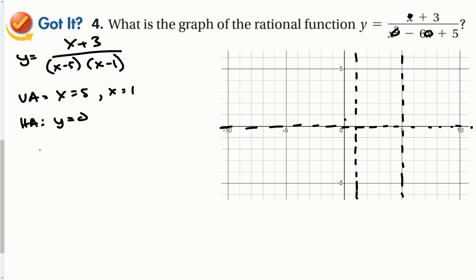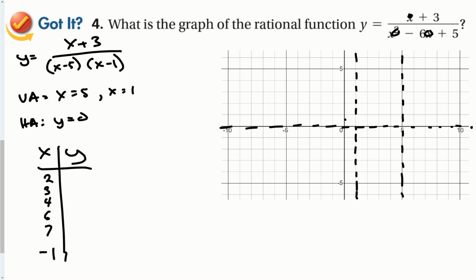So now if you're making a table for the rest of these, what do you want to plug in? Well, you want to plug in all the numbers in here. So we're going to plug in 2, 3, 4, 6, 7, and we just plugged in 0, and let's plug in negative 1 as well.